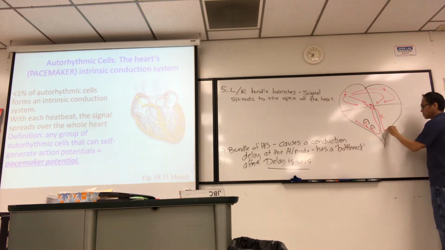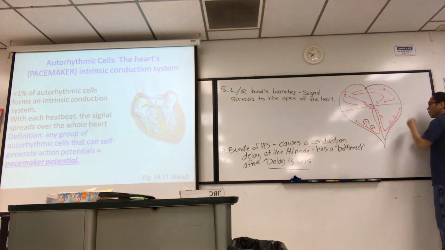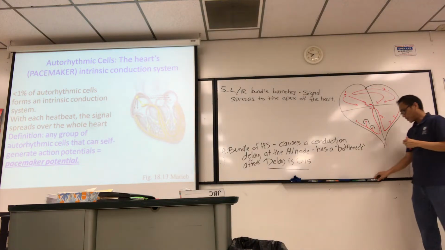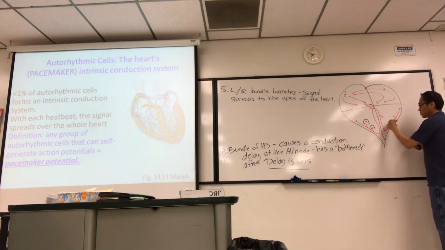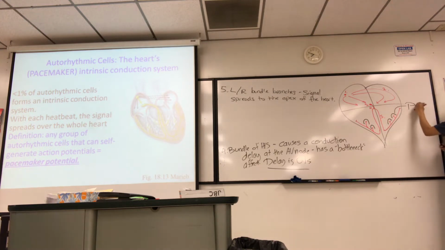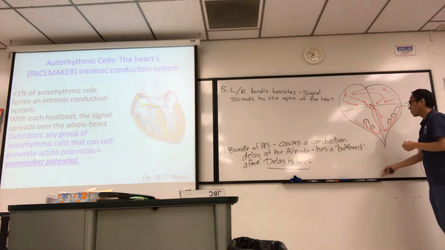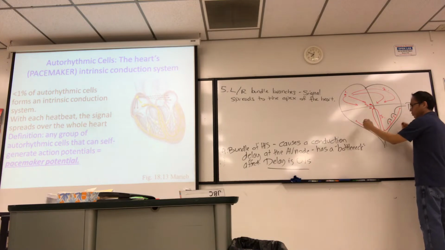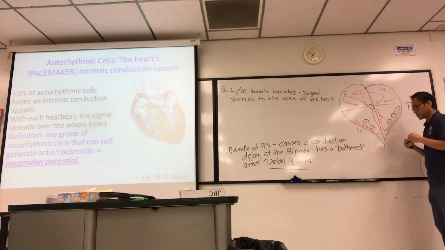You kind of go up the sides, and you give off these little branches called Purkinje fibers, and they also stimulate papillary muscles. But basically call them all these things going up the side. I'll just label it number 6. They're the Purkinje fibers.